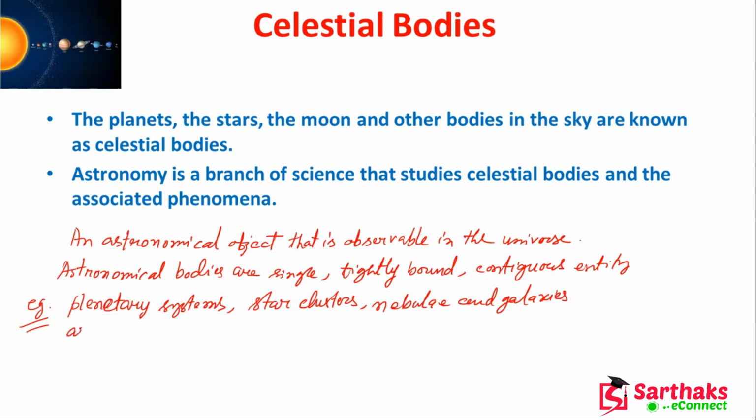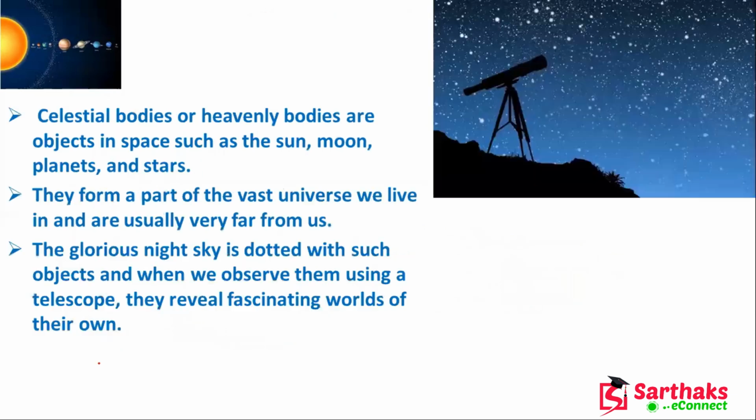Also asteroids, moons, and planets. We have planets and stars, so these are astronomical bodies. And we also have comets, which we will discuss in the next slide.